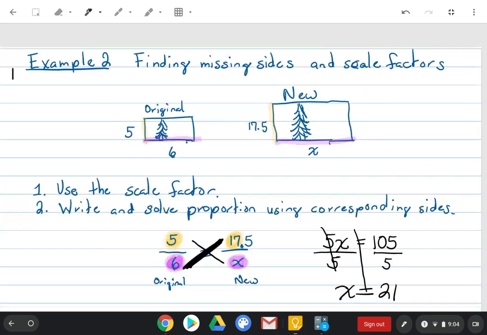That's telling me that what I'm doing to my original picture is I'm taking the original length and I am multiplying it by 3.5. I can use that fact to take the 6 and multiply that also by 3.5, and that gives me x.